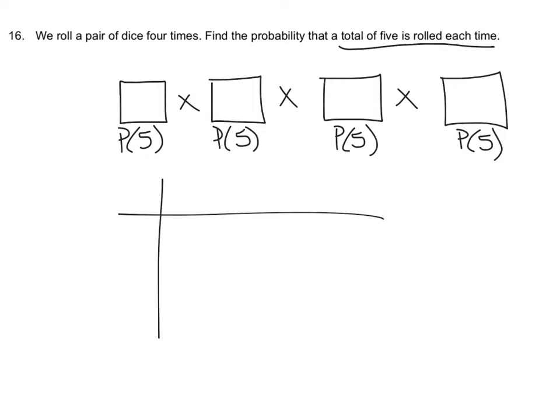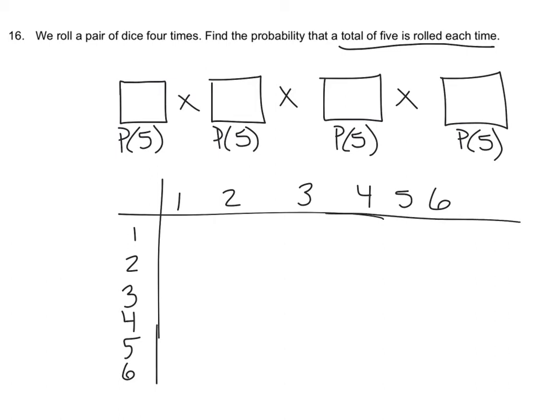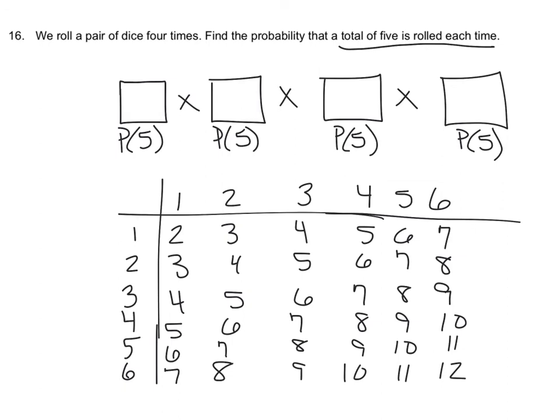And we'll just create a chart again. And then the rows and columns represent the 6 sides of the dice. And then we're just going to find the sum of the dice by adding the digits together. I have all my possible outcomes of sums in the chart, and I'll just identify the number of times that 5 occurs, and that's 4 times.